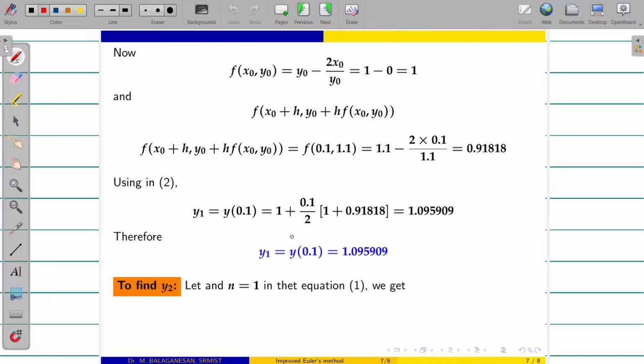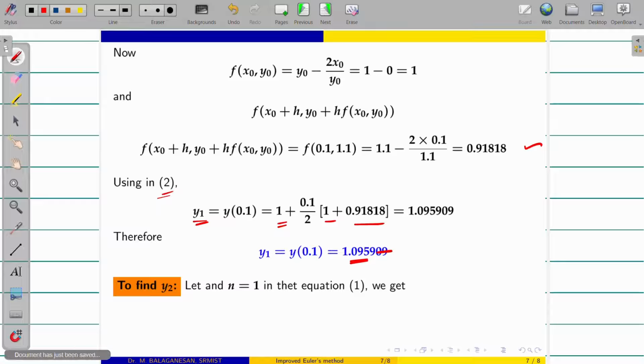So this is the answer. If you substitute in equation 2, this is the value for the second function. If you substitute in equation 2, y naught plus h by 2 first function value, second function value. If you substitute that, we have the 0.1 value as 1.0959.